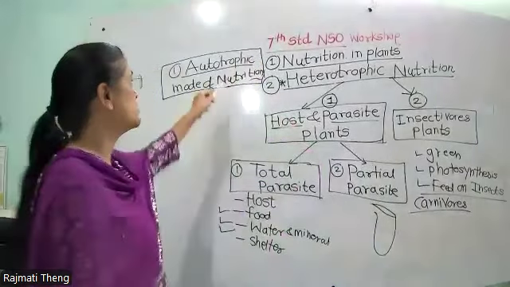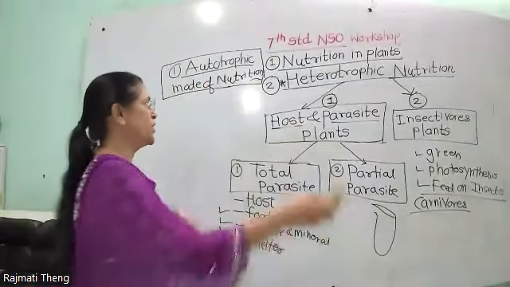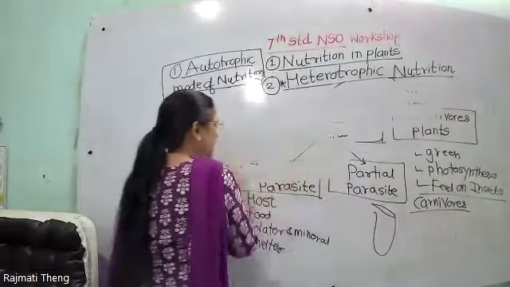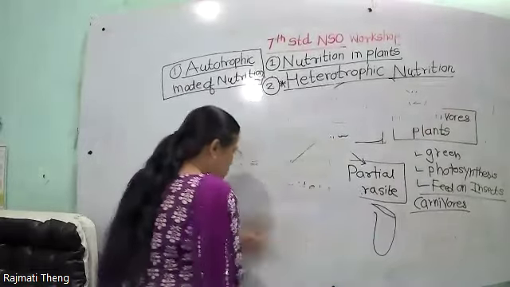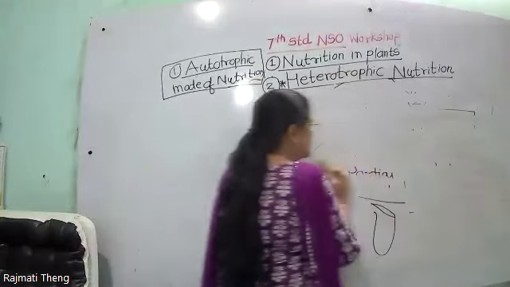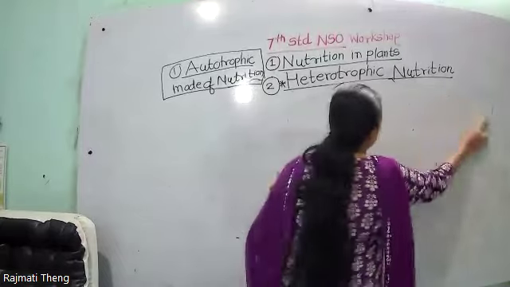So the first mode of nutrition, the autotrophic mode, I have taught you. Then the second mode of nutrition is the heterotrophic mode. Now the third mode of nutrition is the saprophytic mode of nutrition.